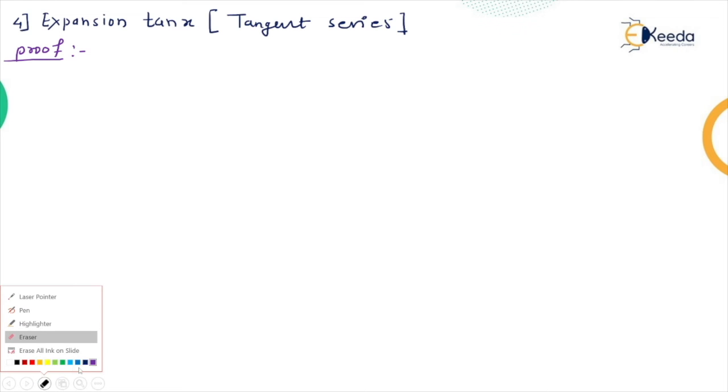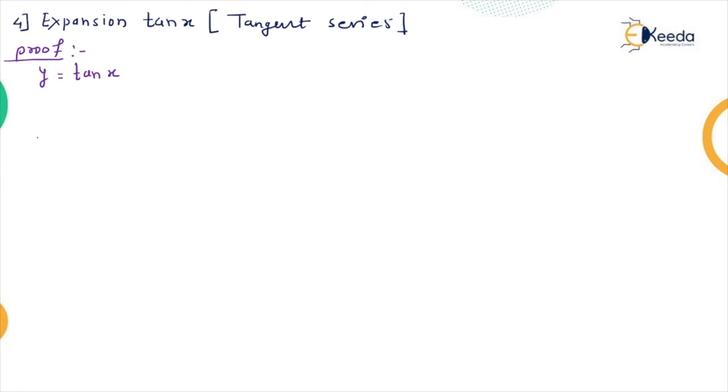Let's see. y is equal to tan x. After taking derivatives, y is simply tan x. The first order derivative y1 becomes sec square x, and that is equal to 1 plus tan square x.